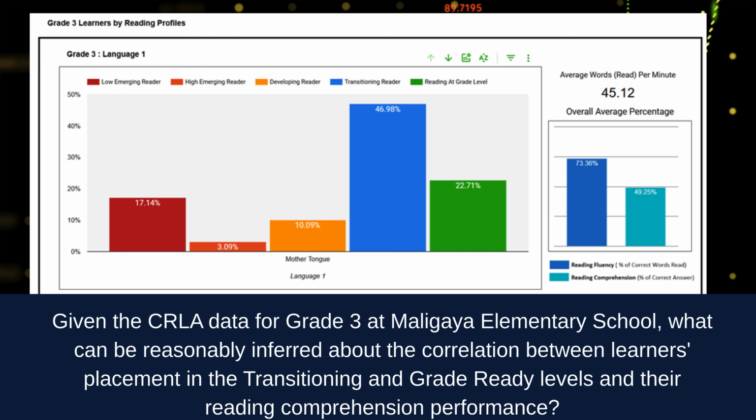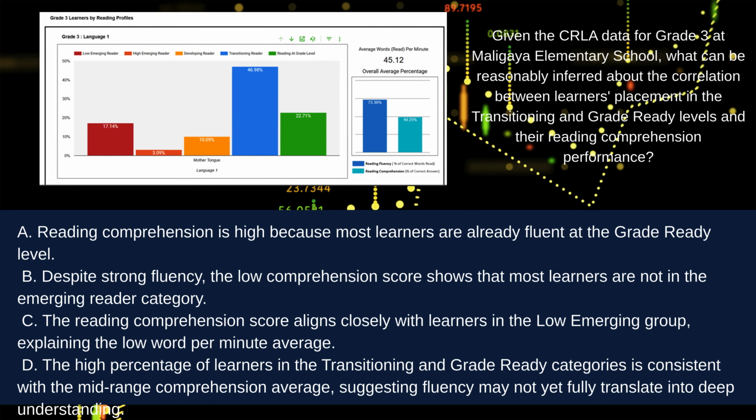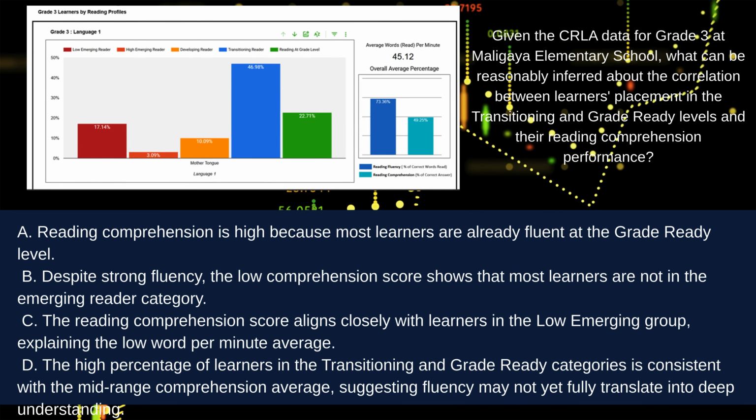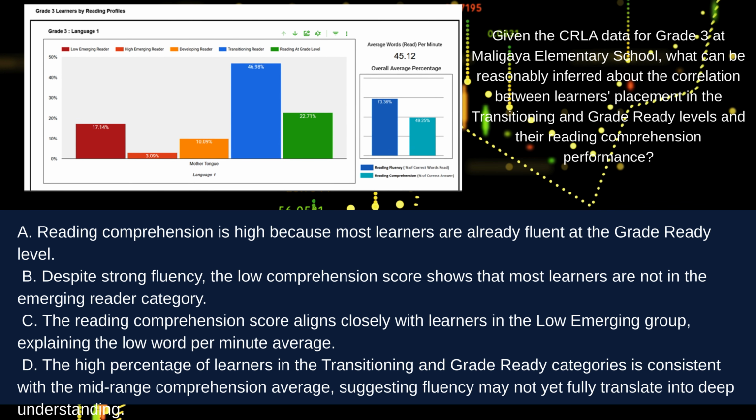Item number 2. Given the CRLA data for grade 3 at Malagaya Elementary School, what can be reasonably inferred about the correlation between learners' placement in the transitioning and grade-ready levels and their reading comprehension performance? A. Reading comprehension is high because most learners are already fluent at the grade-ready level.